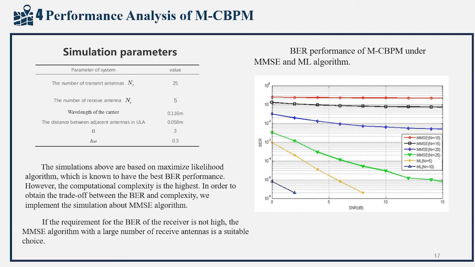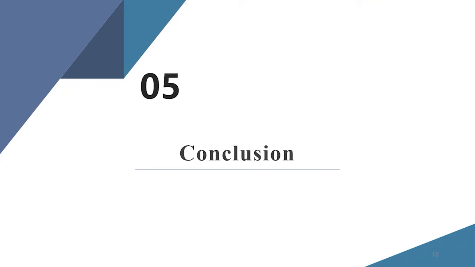If the requirement for bit error rate of the receiver is not high, the MMSE algorithm with a large number of receive antennas is a suitable choice. From the above analysis, we come to the final part, the conclusion.